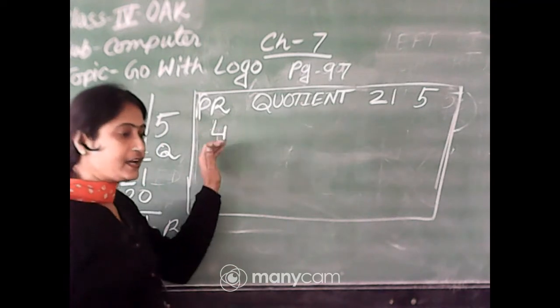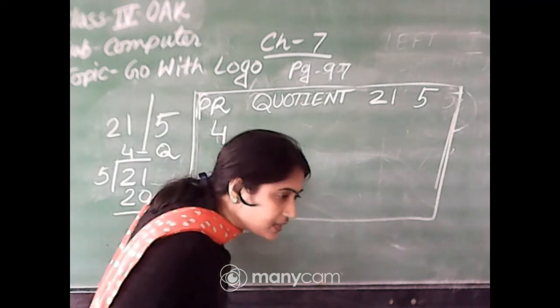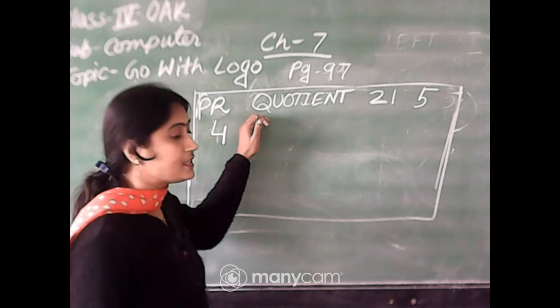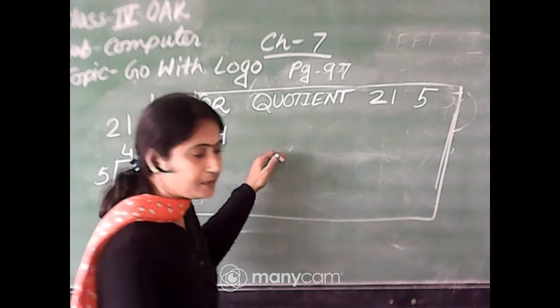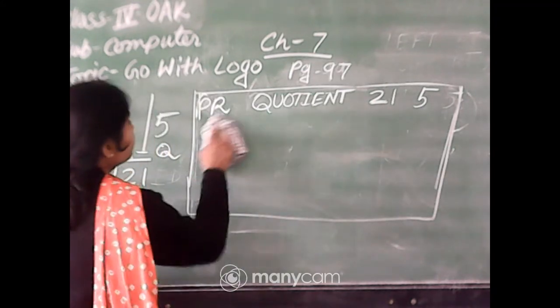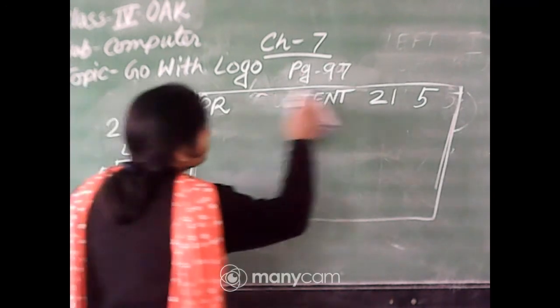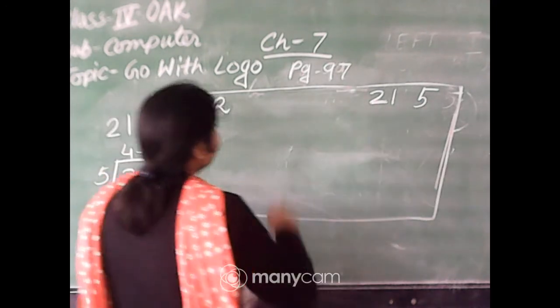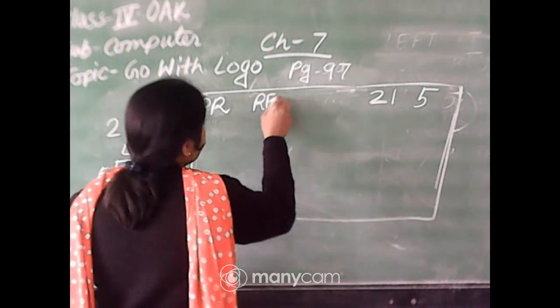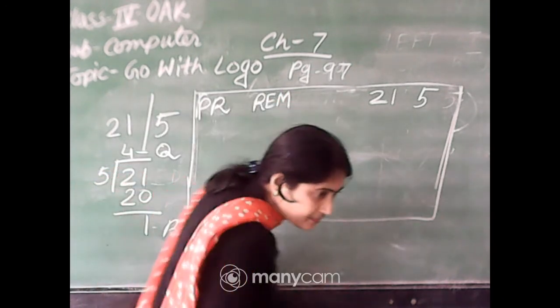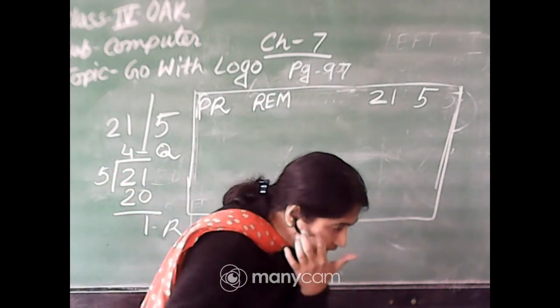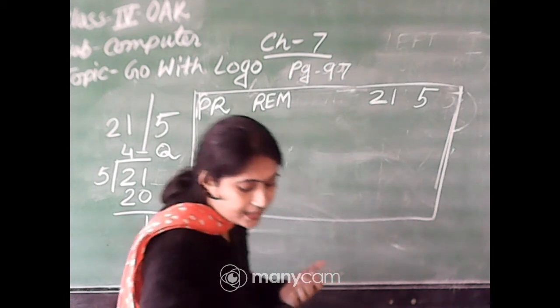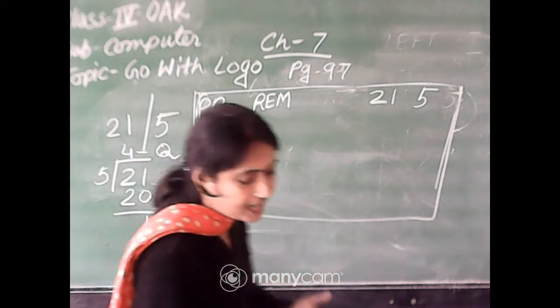Okay, here you can see 4 as the answer. But if you need the remainder part, then you have to apply another function: remainder, R-E-M, and then R is the remainder.